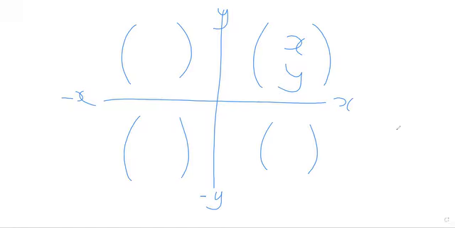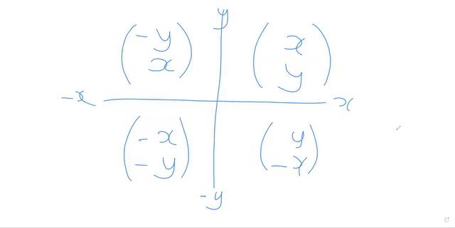When it comes to this point, the x is negative. When it comes to this point, the y is negative, the x is negative. When it comes to this point, the y is negative. So now from x, y, just turn it. If you are turning it, it becomes y, x. Then the y, x, if you turn it, becomes x, y. Then y, x, x, y again, if you turn it, it becomes y, x. And you are done. That's your formulas.